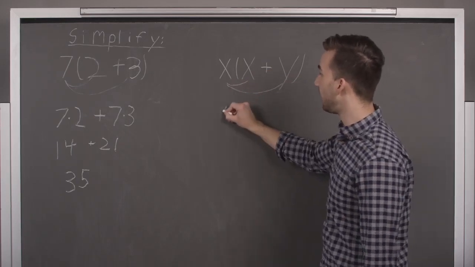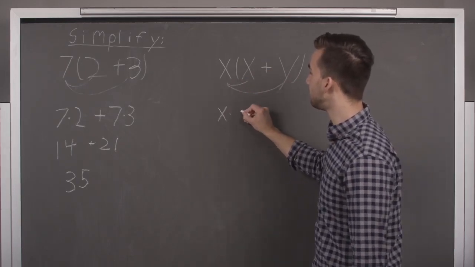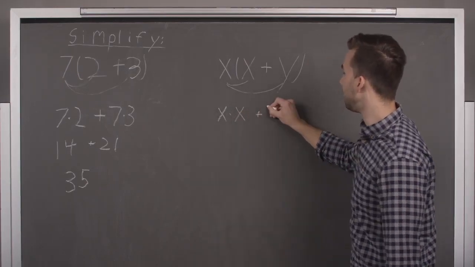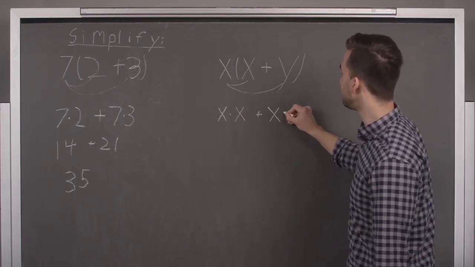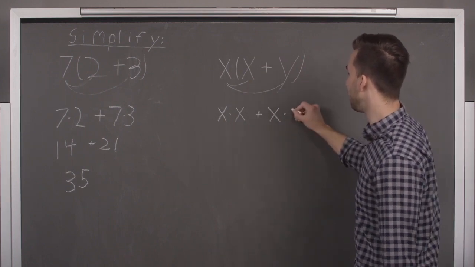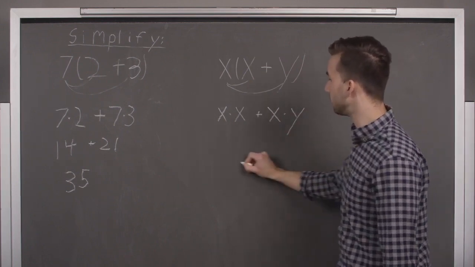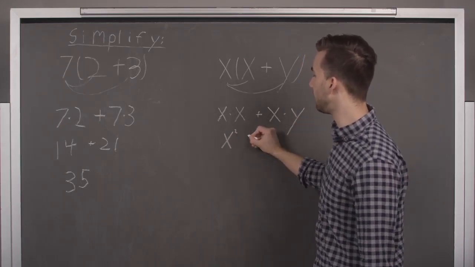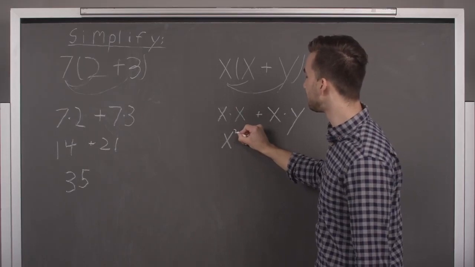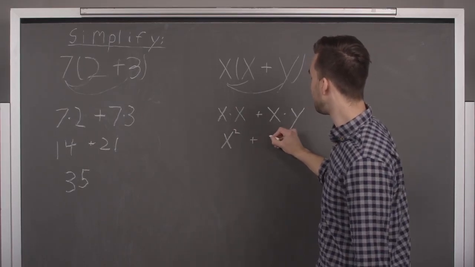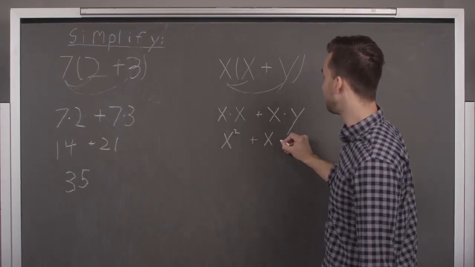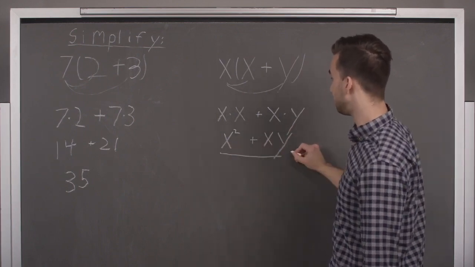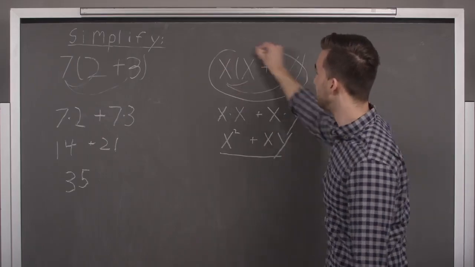So x times x plus x times y, which gives us x squared, right, from last lesson, plus x times y. And that is how we would simplify a problem like this.